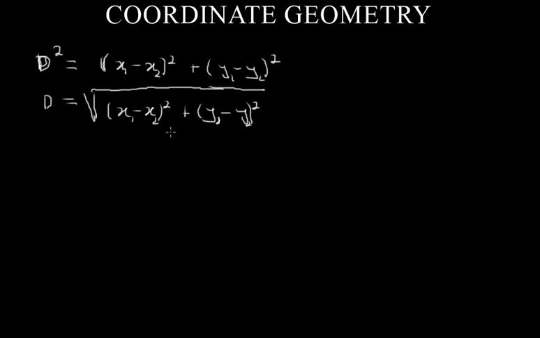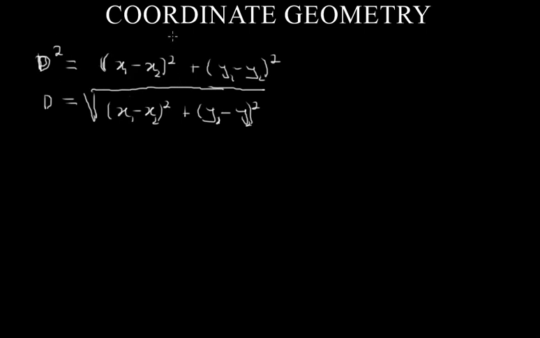So this is the general formula that we are going to use to find the distance between 2 points. And we should note that this is derived from the Pythagoras Theorem, which states that the hypotenuse squared equals the opposite squared plus the adjacent squared. And we agreed, from the previous example, that the distance in the y is simply equal to the difference in the y, and the distance in the x is simply equal to the difference in the x.